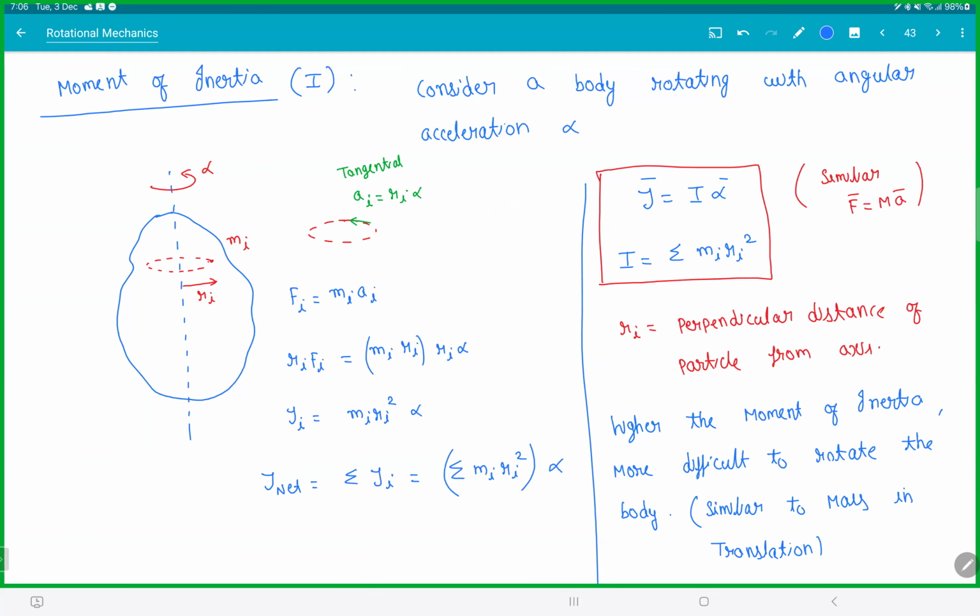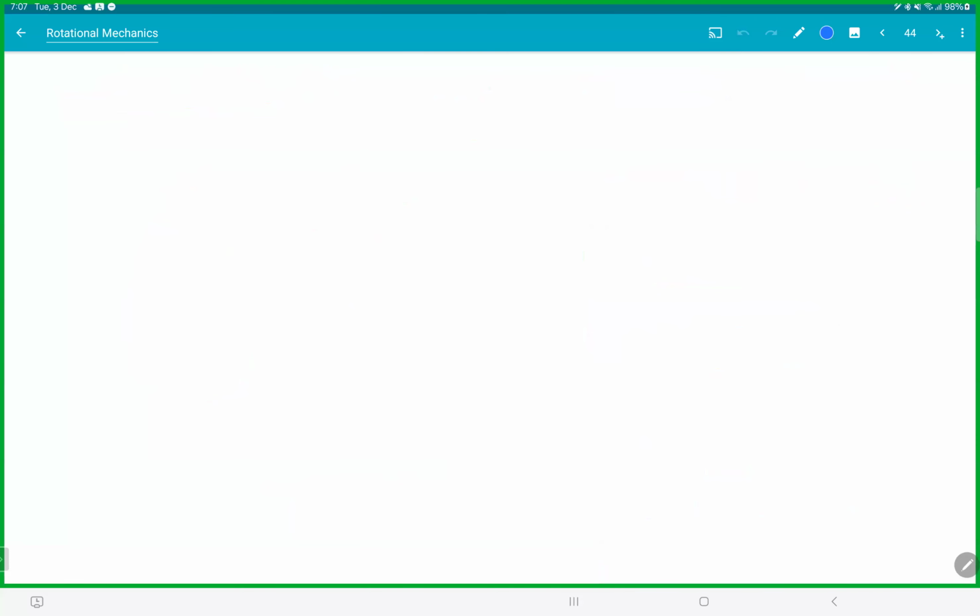So this is the moment of inertia. Now, if you take particles, I is given by sigma m_i r_i squared.